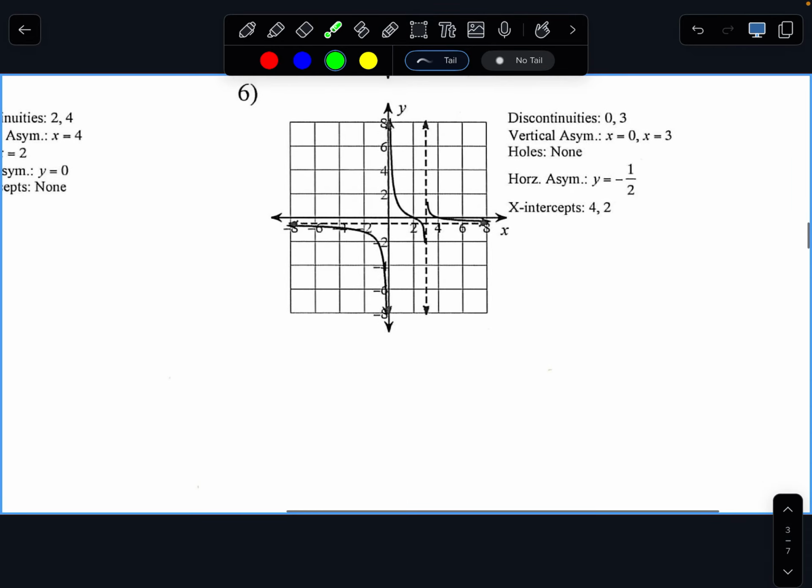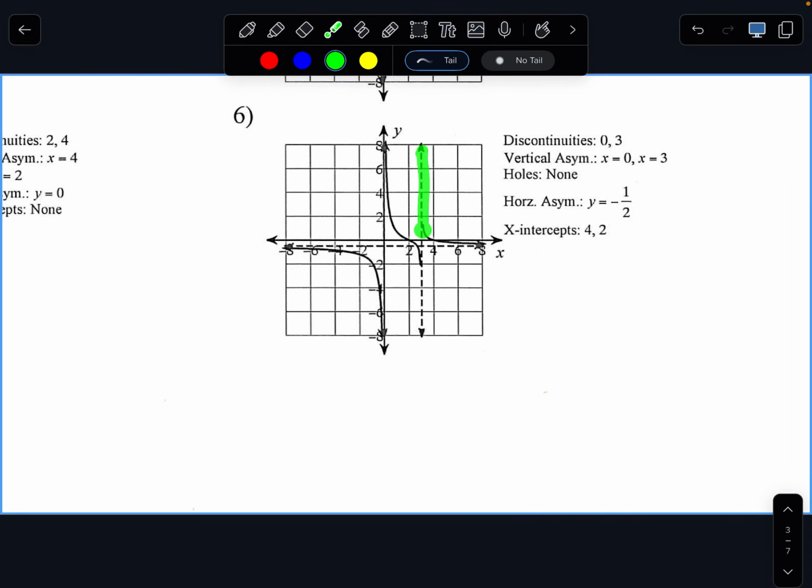Then if you take a look at number 6 for a second, again, vertical asymptote, and if you notice on the graph, it does cross the horizontal asymptote. Okay? So this is the first one you've had that does actually cross. In this case, in general, what I will tell you is whenever you do have a cross point, there are two things to be aware of. Number 1 is the general shape of the graph is going to kind of be that S-shaped curve.